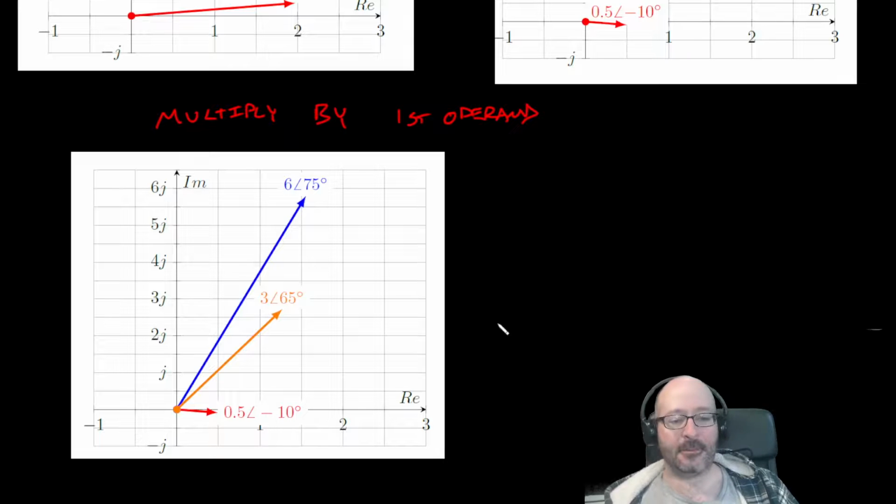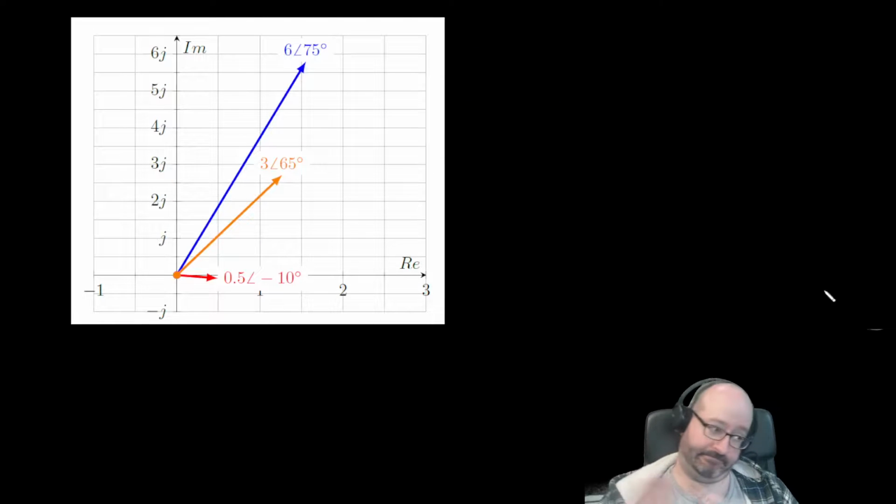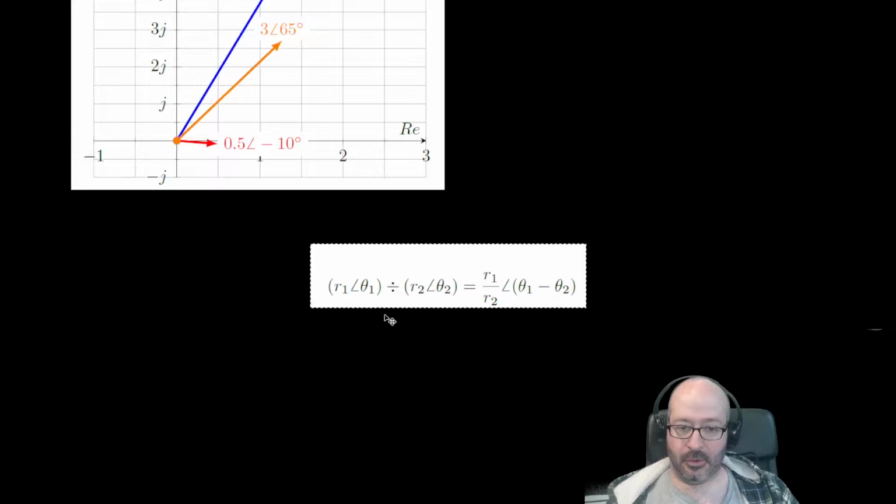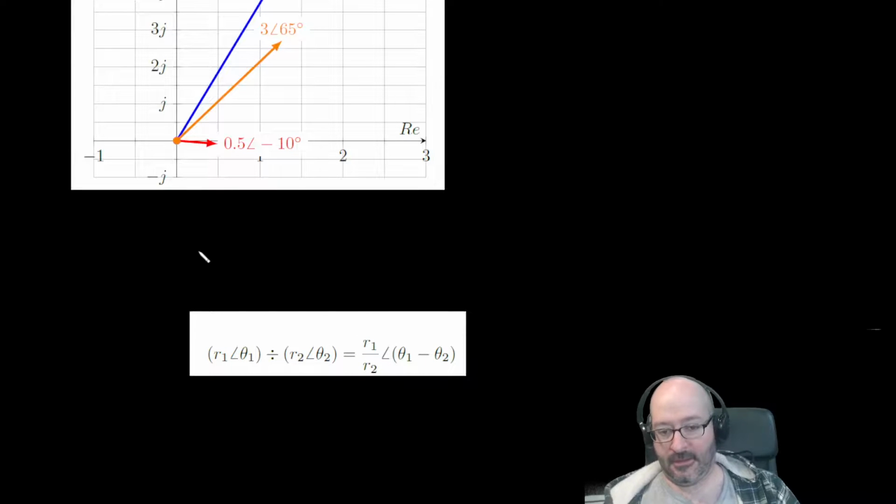Okay, if I'm stating this in general, then we can take two complex numbers, polar form preferred. Okay, in general, if I have two numbers, one divided by the other, I'm going to divide their magnitudes.